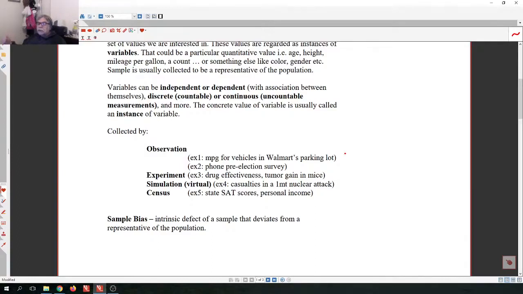We collect that by using observation, which is not necessarily just by looking at something. It could be a lot more work. For example, if I need to find out the mileage per gallon of four-door sedans on the road in the United States, I might want to go to a Walmart parking lot, a particular Walmart parking lot like Comac Commons.